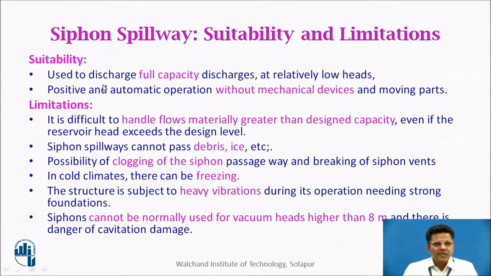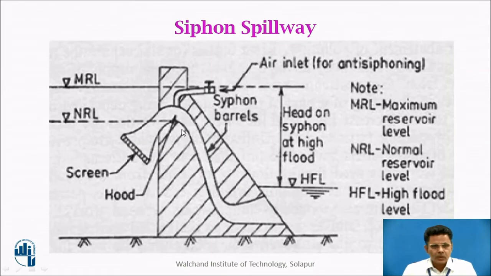Suitability. It is used to discharge full capacity discharges at relatively low heads. It means even though head is low, still it can give full discharge. That is the advantage of a siphon. Positive and automatic operation without mechanical devices is one of the important advantages. It means how it operates: as soon as water level passes this normal reservoir level, water starts flowing.